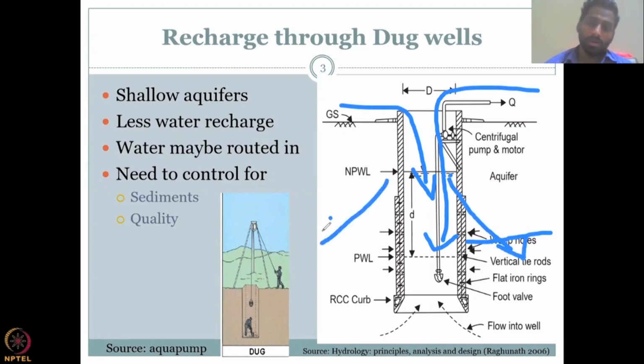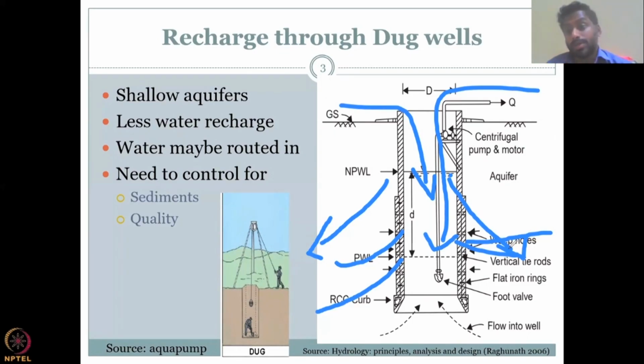Because of that gradient, there will be some movement of water out of the well. And once it comes back to the lower level, you put more water. And that's how you would keep on adding water to recharge the overall groundwater.